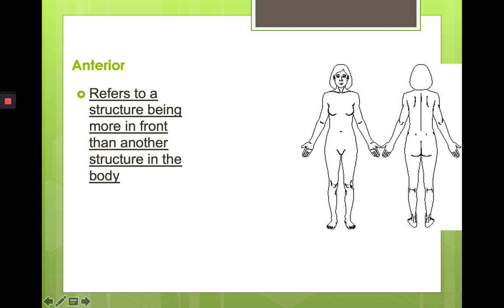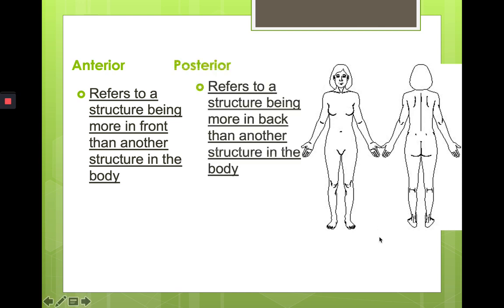The patella or kneecap is more in front compared to the shoulder blade. And then, of course, posterior means the opposite. It refers to the structure being more in the back compared to another structure. So we would say the shoulder blade is posterior to the kneecap or patella.